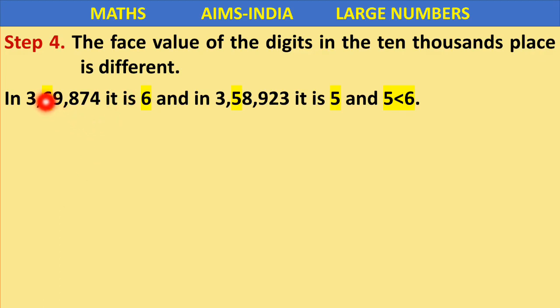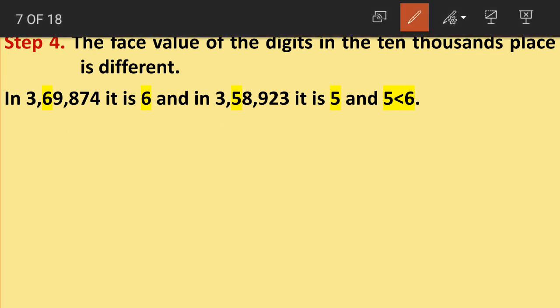In this number we are having 6 in 10,000s place, and in the second number we are having 5 in 10,000s place. Now both the digits are different, right? Yes, they are different. Now compare both the digits 5 and 6. 5 is less than 6.